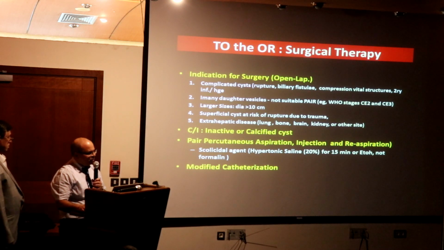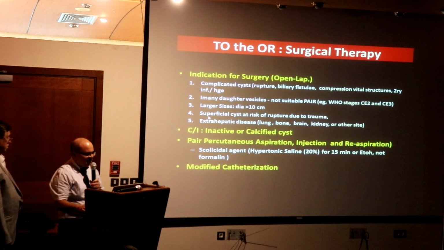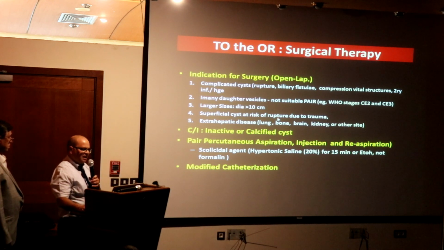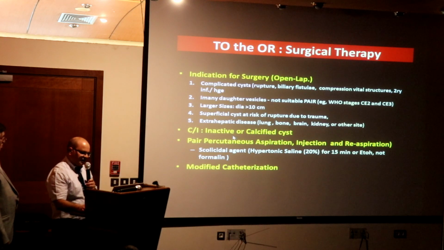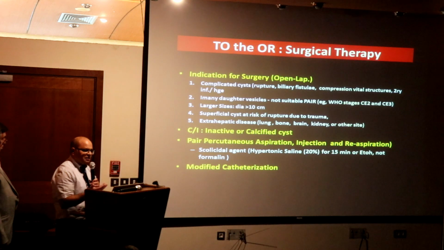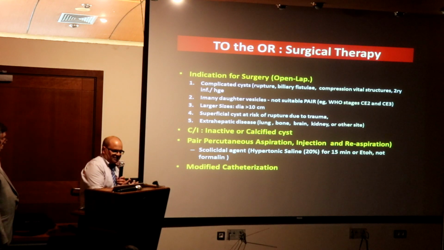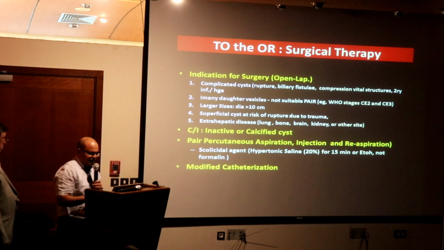Surgery may be open or laparoscopic. Larger size cysts, superficial cysts at risk of rupture, and extrahepatic cysts are indications for surgery. If the cyst is inactive or calcified, surgery is not needed, unless, just like I presented to you a minute ago, there's another reason for surgery, the anaphylactic reaction that nearly killed the university professor.